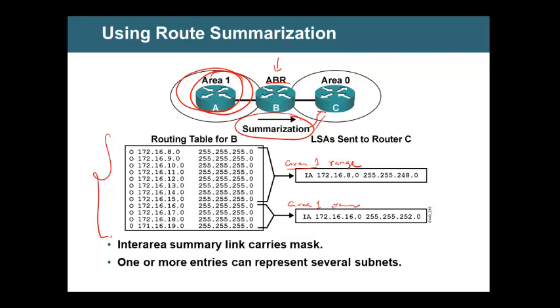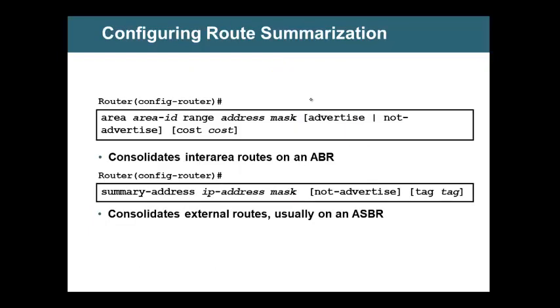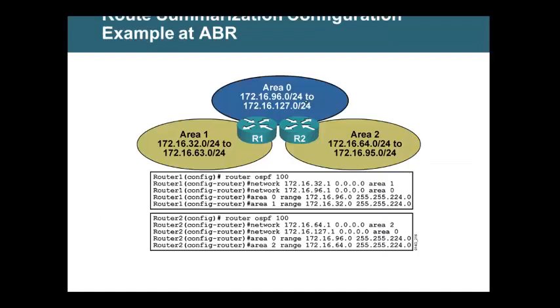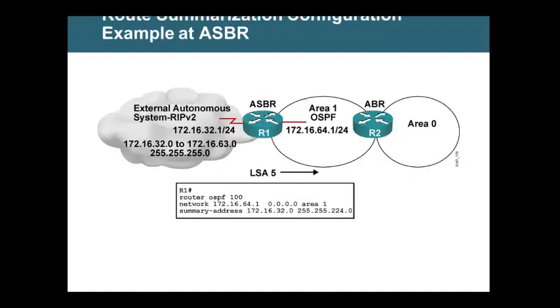But ASBR summarization cannot be done like that. Why? With ASBR, if you notice here, there is no area. Earlier, here we had area 1, this was area 0 in the other scenario. But do we have any area now? No area.